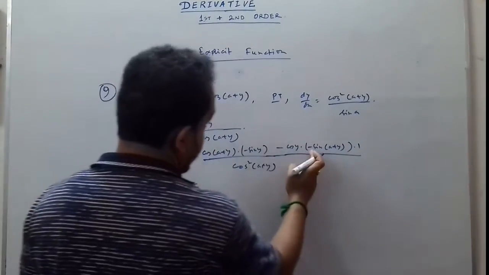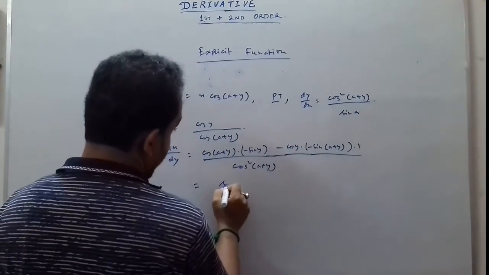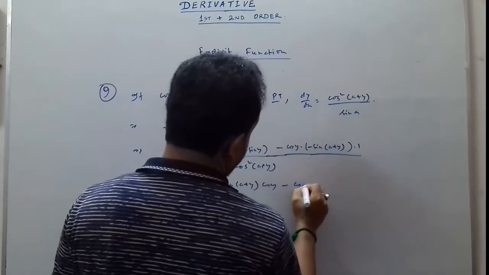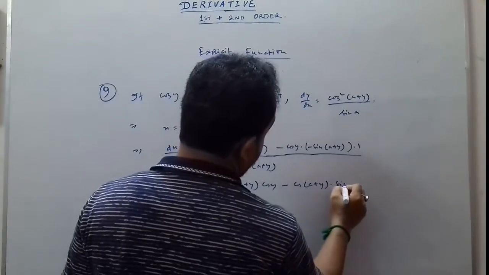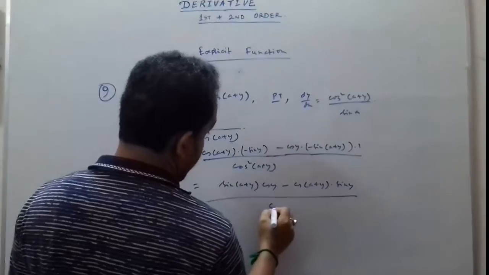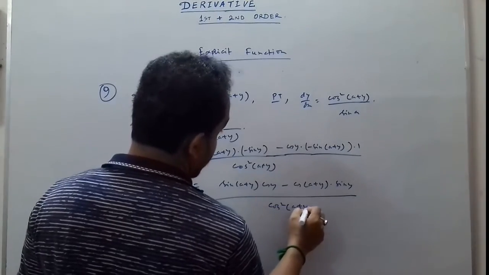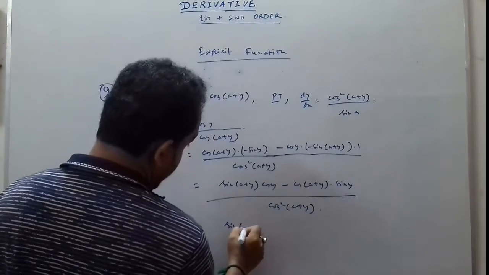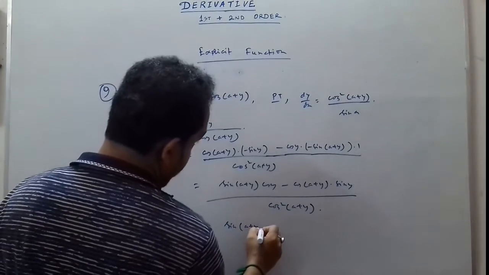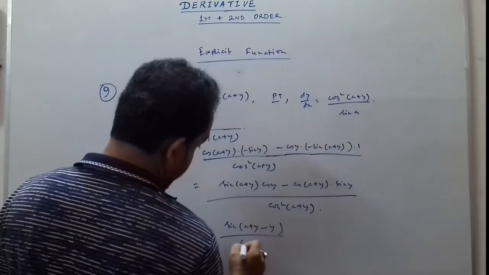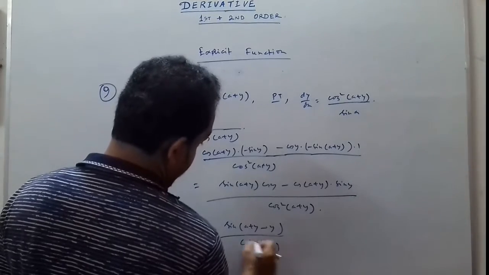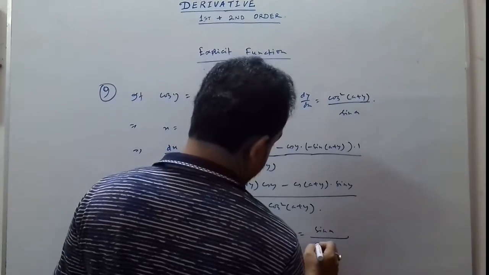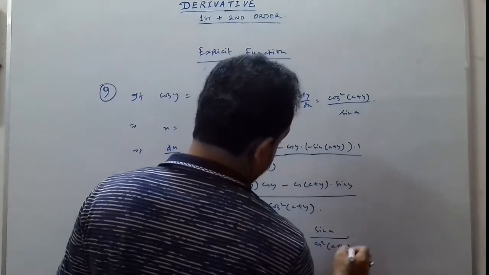So we get here minus minus plus, that is sin of a plus y into cos y minus cos of a plus y into sin y, whole divided by cos square of a plus y. That is, here we find sin of a plus y minus y, whole divided by cos square of a plus y, so sin a divided by cos square of a plus y.